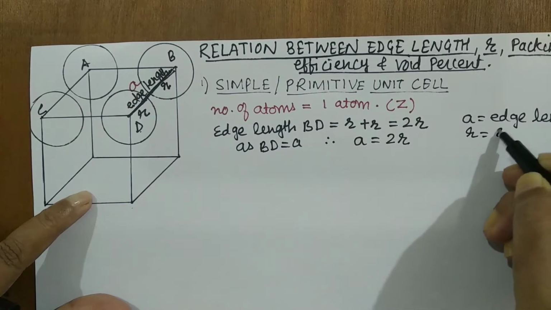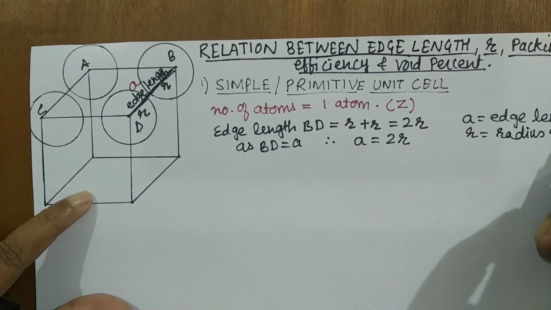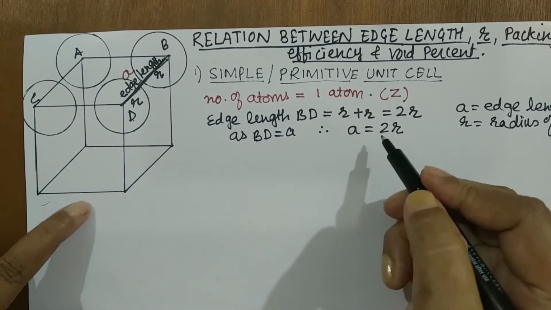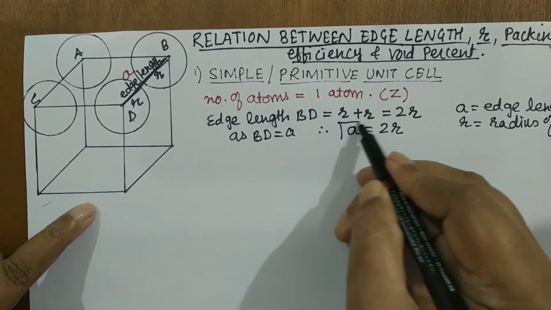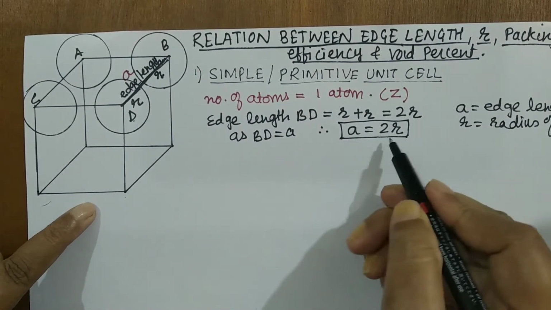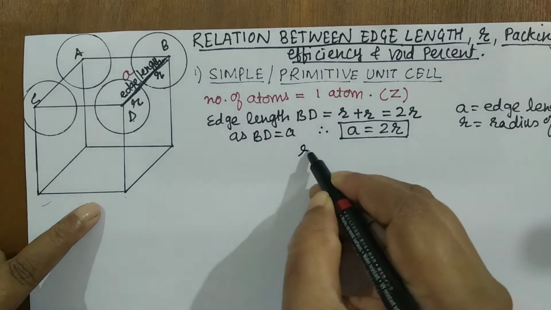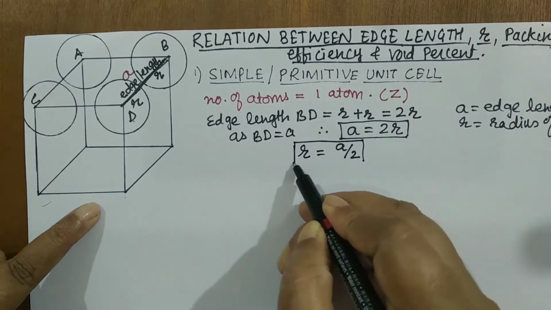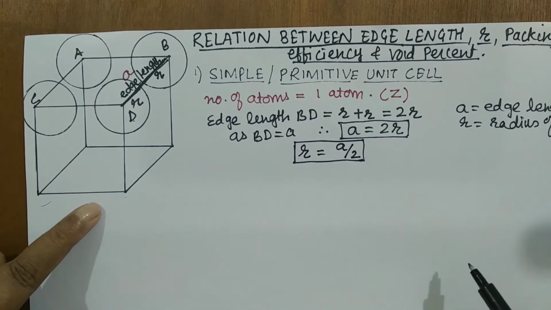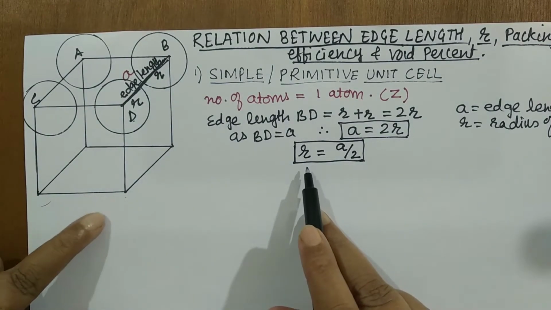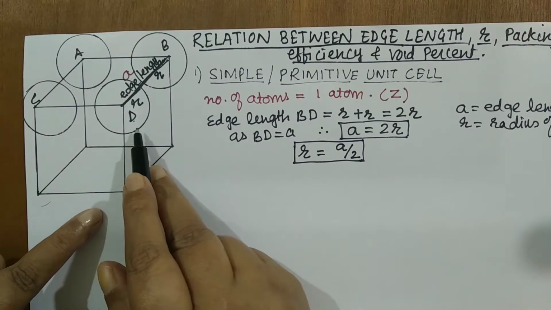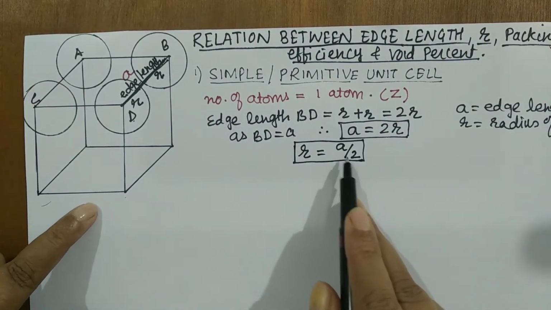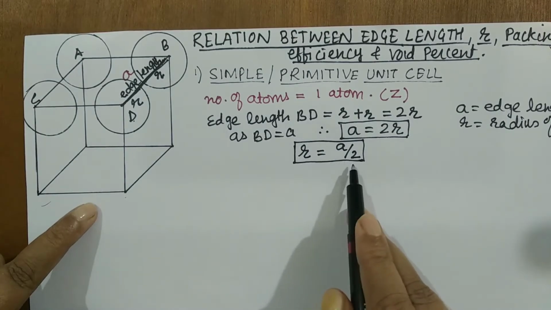Here R is the radius of an atom. So we got the first expression, that is a is equal to 2R. Now if I rearrange the equation, I get R is equal to a by 2. So this is your second equation. If you are asked to calculate the radius of an atom, or of the sphere, for a simple or primitive unit cell, then the formula will be edge length divided by 2, that is a by 2.